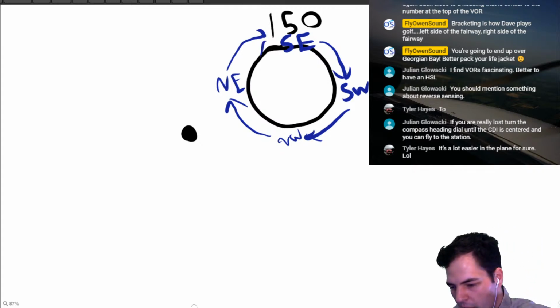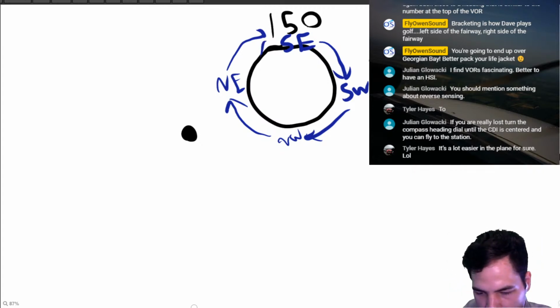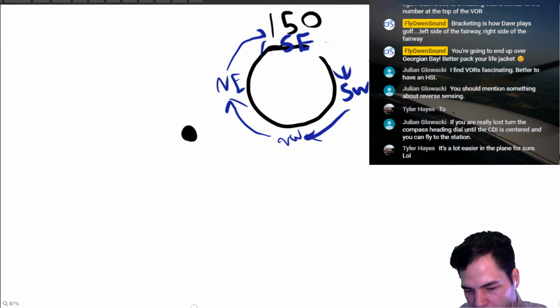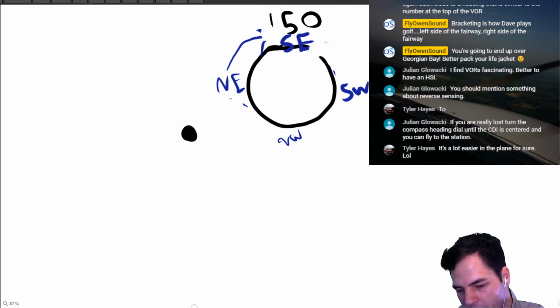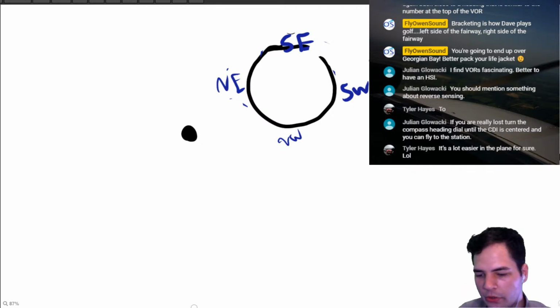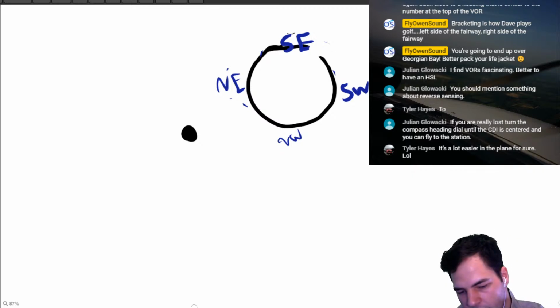So now we've established some simplified directions here. We don't have to worry about 150 anymore. We know that the radial we're talking about goes northwest to southeast.